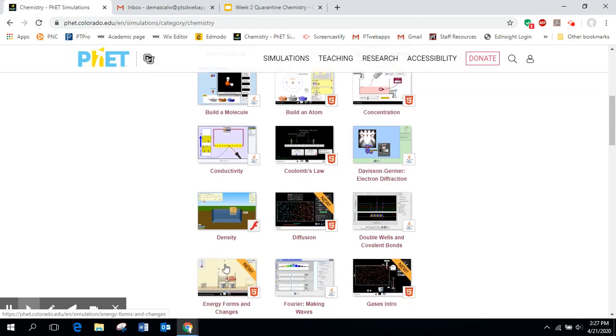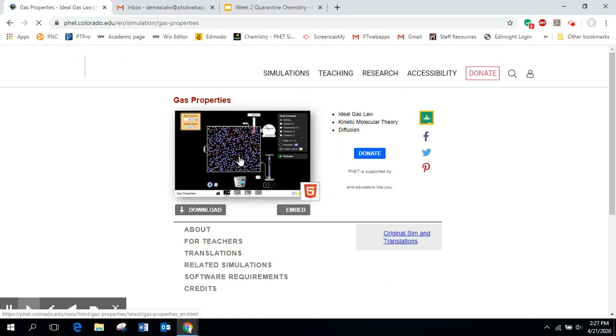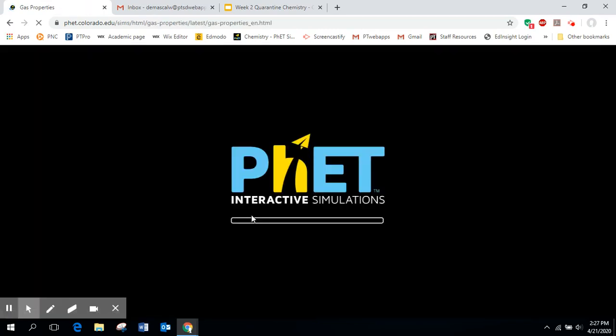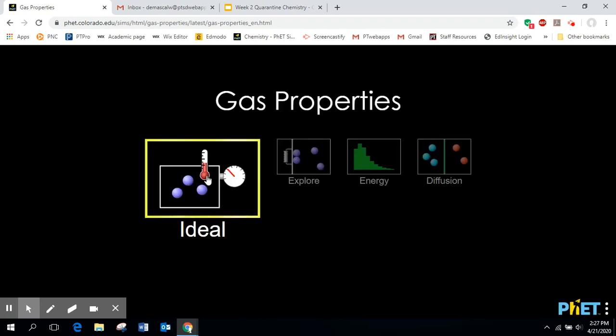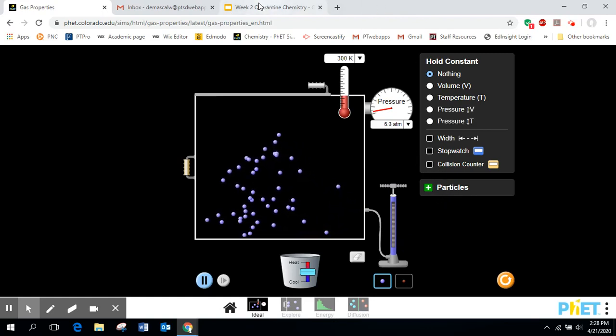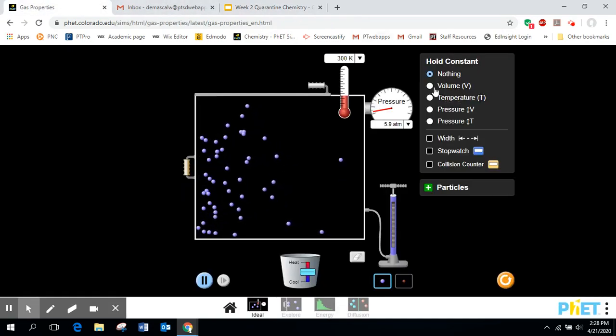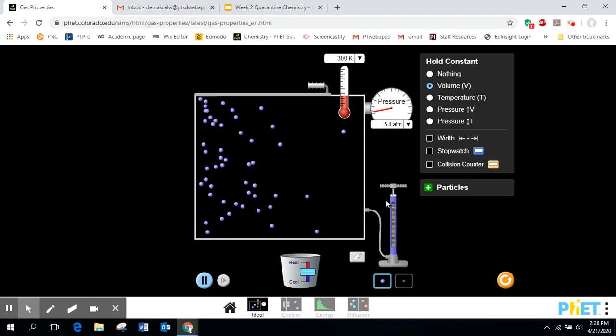So if we look down here at the gas properties, go into ideal. Let's put a pump of gas in. Again, we're going to hold volume constant. So click up here.